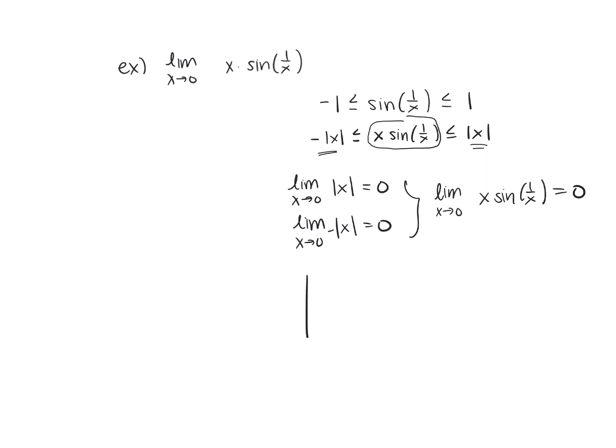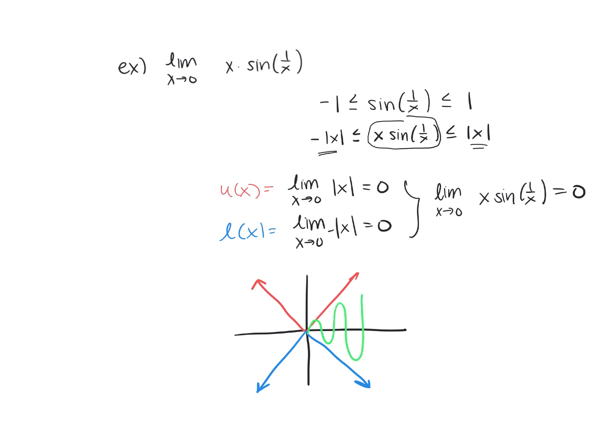Now what the picture looks like here, this is my upper bound function, the absolute value function. That's like a V shape. Here's my lower bound function, negative that, so the same thing but upside down. And this x times sine 1 over x is like a crazy wave that gets bigger as you go out.